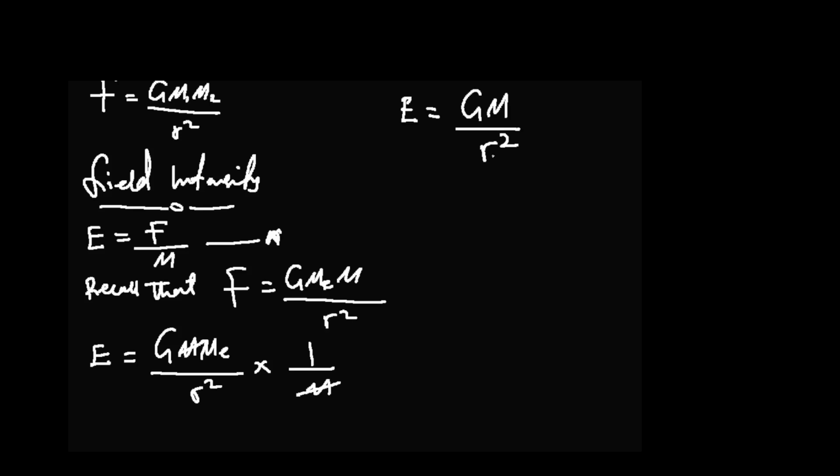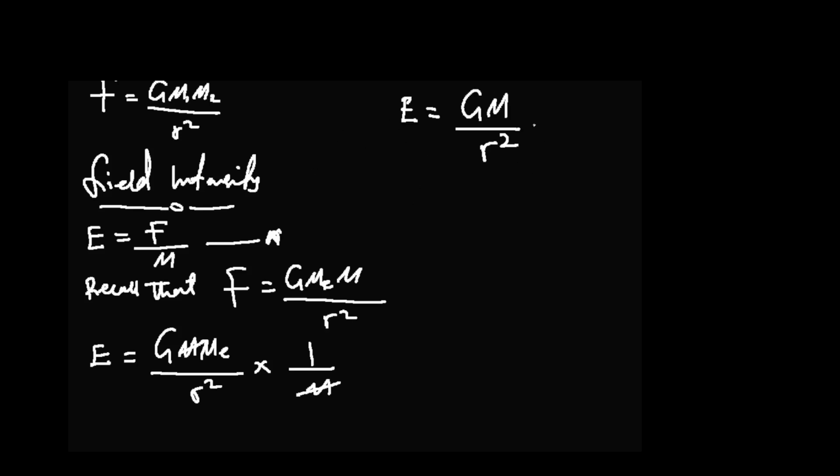Do you understand this now? So this is how you can calculate the field intensity. Am I making sense now? This can be the mass of the earth, it can be the mass of the object, depending on what the question is stating. Is that taken now?